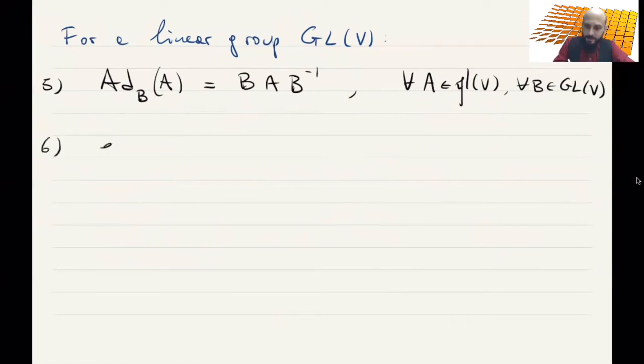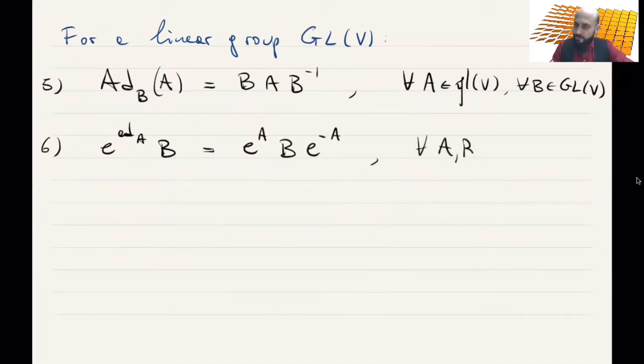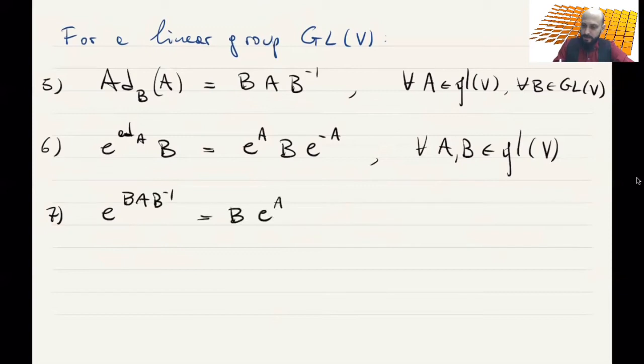Six: e to the Ad A of B is equal to e^A B e^(-A). Actually, this is true for all matrices A, B in GL. Seven: e to the B A B^(-1) is equal to B e^A B^(-1). And this is for all A linear map and for all B invertible linear map.